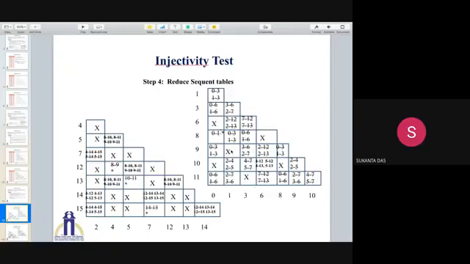In this way, let me check. 1, 9 is here X. Where is 1, 9? Here. Okay. And 1 here, 1 and 3. And 2 and 7. 2 and 7 is crossed out here.